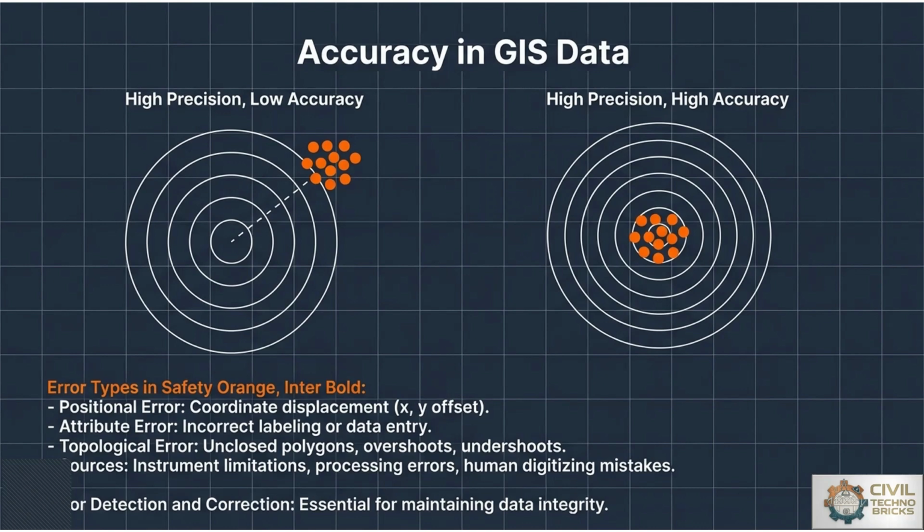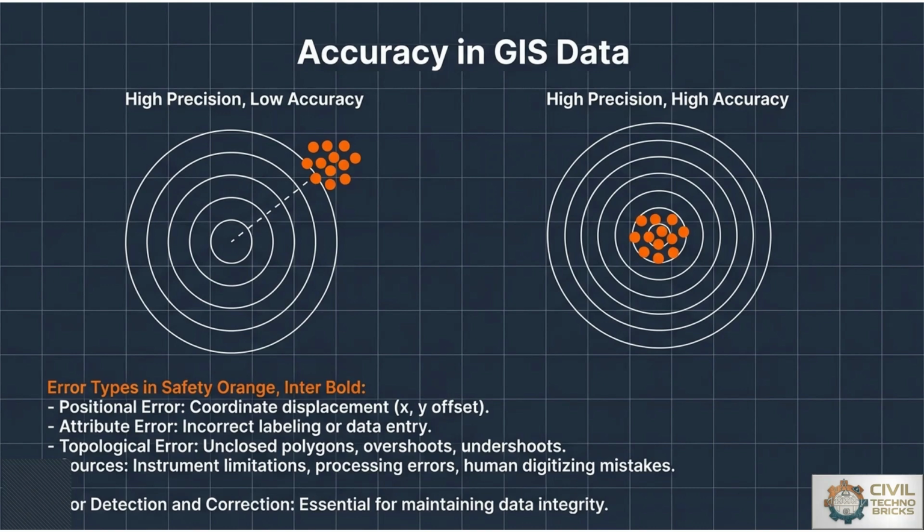Basically, there are three types of errors: positional errors, attribute errors, and topological errors. Why are these three errors there? If we are digitizing the topo sheet, digitization is the process of converting features from georeferenced raster images like scanned maps into vector points, lines, polygons, etc. With respect to that point, line, and polygon, we need high precision and high accuracy in pinpointing control points.